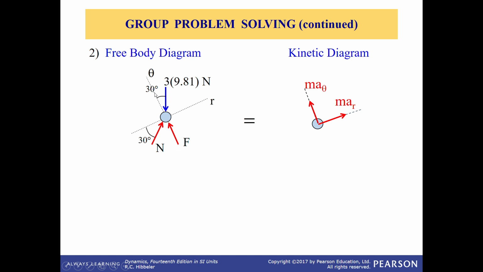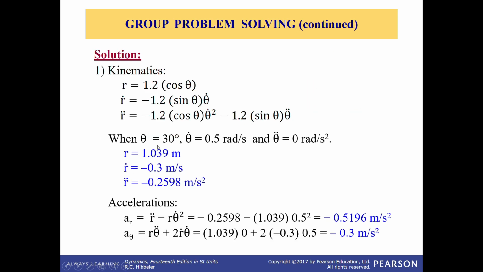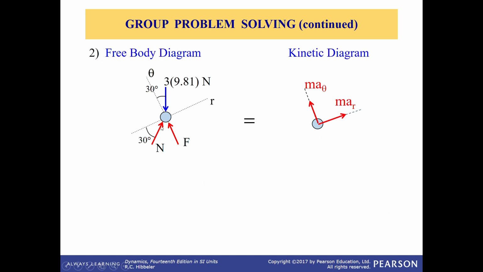It doesn't matter if you want to draw the free body diagram later, because this is just the value. But if you want to draw the free body diagram, you also can. This is the particle.